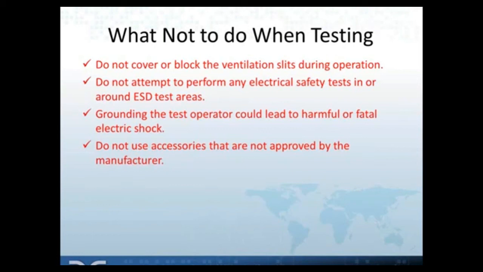Most of our Associated Research testers have ventilation slits and fans to cool down the testers, because they are sometimes outputting very high voltage and currents, which can heat up the internal circuitry. So make sure you do not block these ventilations or cover these. These can lead to serious damage to the tester and also can lead to some safety concerns.